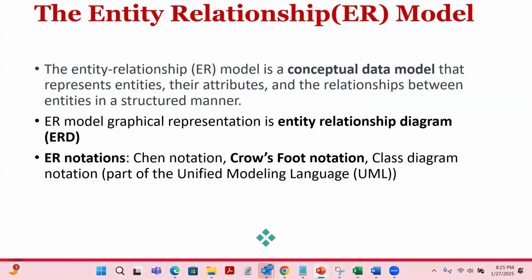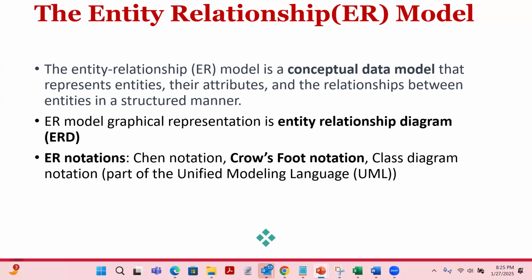Okay. So now, entity relationship. We looked at the relational data model, we looked at the components, we looked at a couple of examples, which is again going to be part of homework one. So for the rest of the class, we will spend time on the entity relationship model and entity relationship diagram.